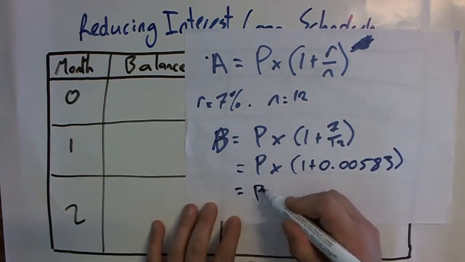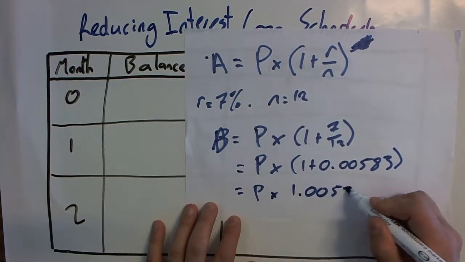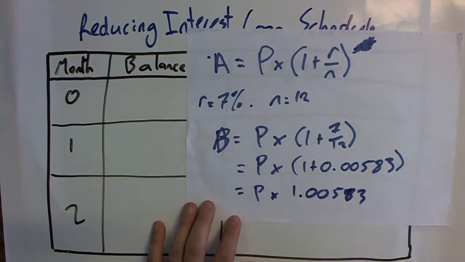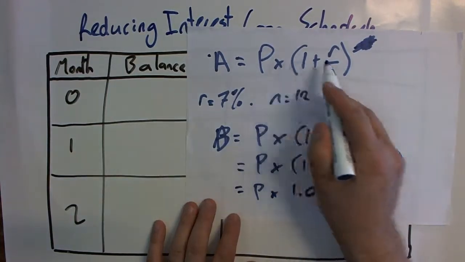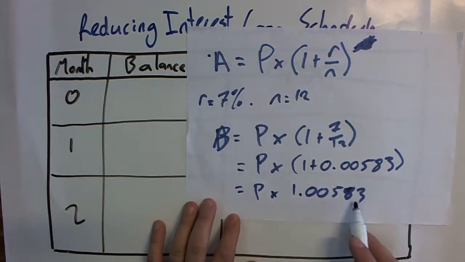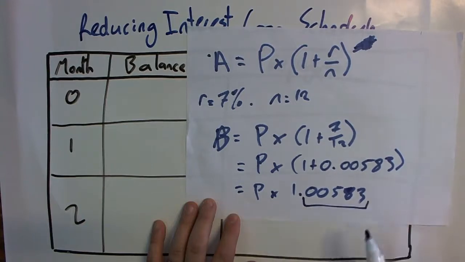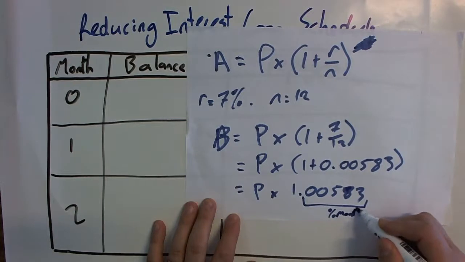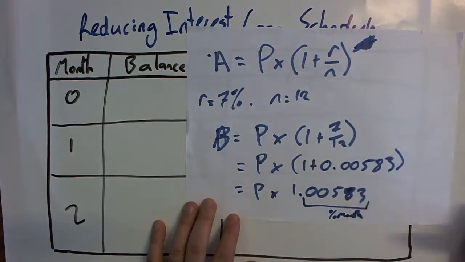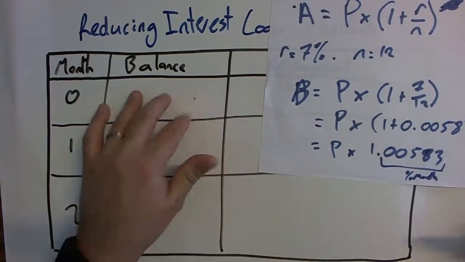So 1 plus that is 1.00583. This formula simplifies down to just a simple multiplication: whatever your principal is, times this. This part is your monthly interest rate, which is why we divided by 12. That's all we're doing in the balance column.